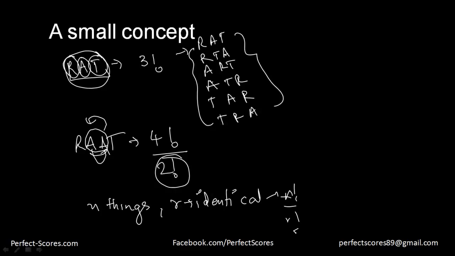In case you want to further elaborate on this concept, you can watch the permutation and combination second video. Over there I have explained everything about this concept, but for this video you just need to know this concept here. Okay, so let's move forward.